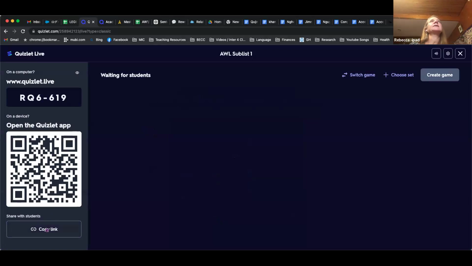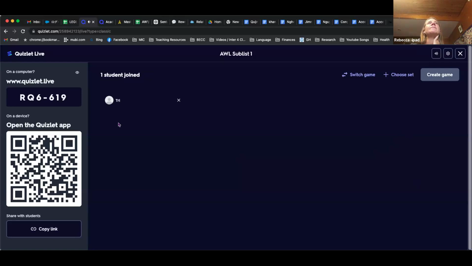So I'm going to send you the link, but if you're using 2 devices, you can scan the code, or you can go to Quizlet Live and type in this number. Okay, click on that. And then type your name. See, there you go. Good.